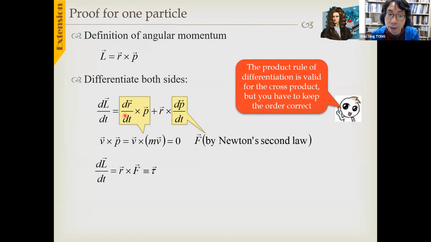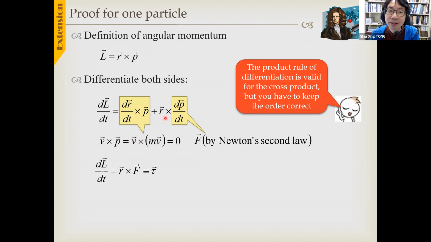The time derivative of the position is of course the velocity, but the momentum is also the velocity multiplied by the mass, right? So we have the velocity cross with the velocity, the cross product between the velocity vector with itself. But the two vectors must be parallel, right? Because they're the same vector. If the two vectors are parallel to each other, the cross product is zero, because the cross product involves the sine of the angle between them. So the zero angle must give you a zero result. So this term simply vanishes.